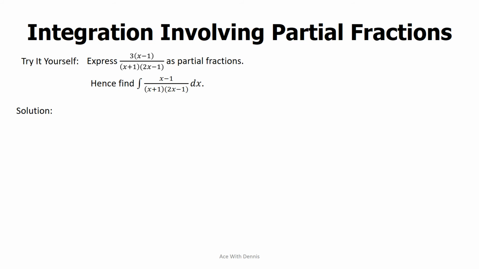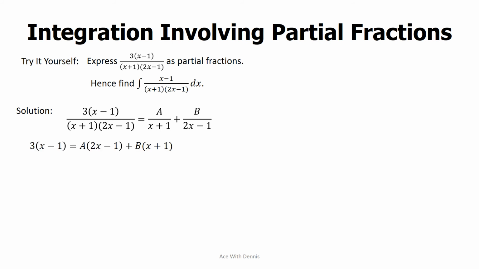Here is the solution. So we can write the fraction into partial fractions, which looks like 3 times (x minus 1) over (x plus 1)(2x minus 1) equals a over (x plus 1) plus b over (2x minus 1). Then we can compare the numerator, which is 3 times (x minus 1) equals a times (2x minus 1) plus b times (x plus 1).